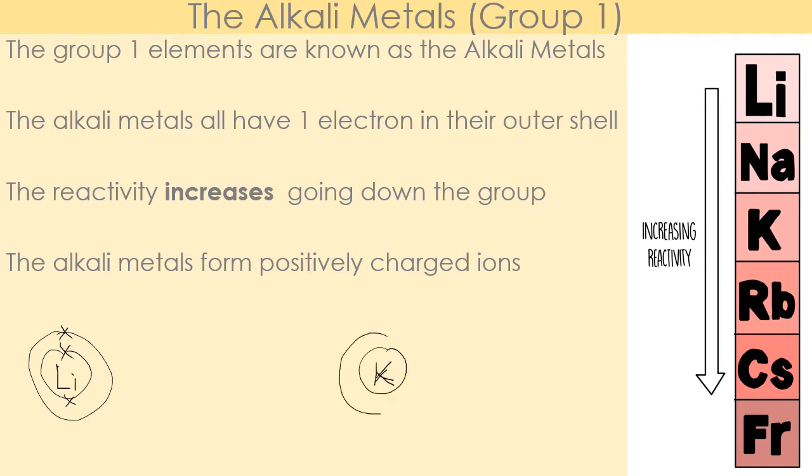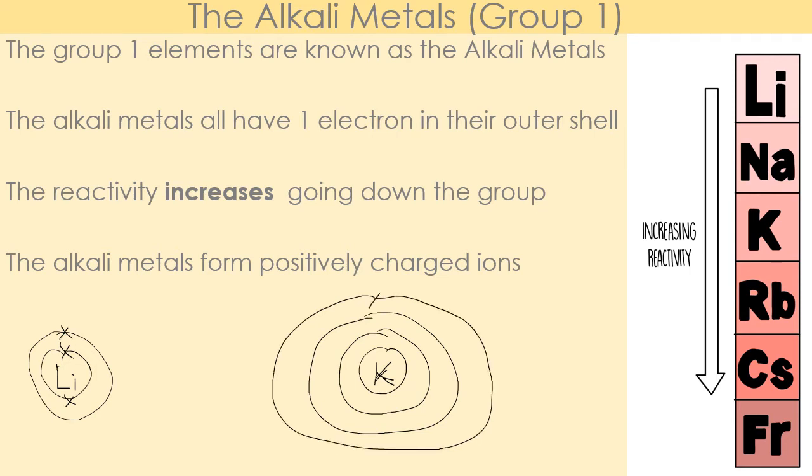And I've got quite a few more shells before I get to that electron. Now for these atoms to react, they need to lose the electron. So they will lose that outer electron to react.